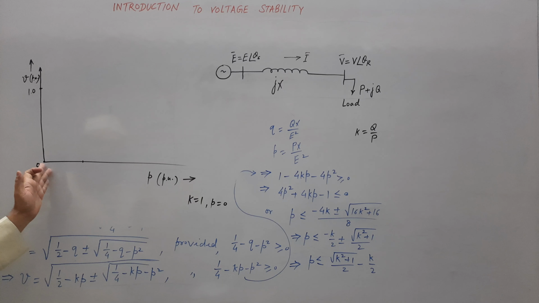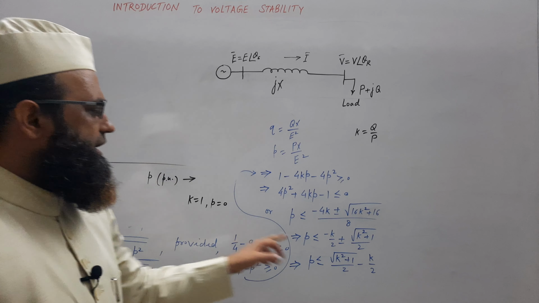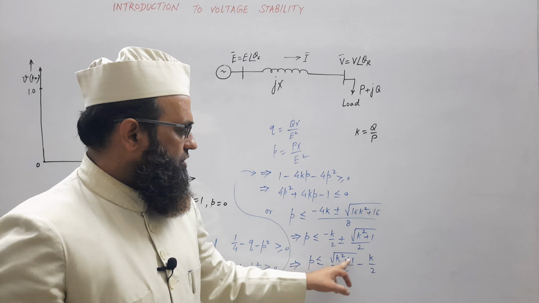Now if we are going to increase P, the maximum limit of P, if K is 1, means 1 by 2 and 1 by 2 root 2 by 2, that is nearly 0.5. So we will get some curve like this, that is 0.5, 0.7 minus 0.5, roughly 0.2, wherever you may mark.